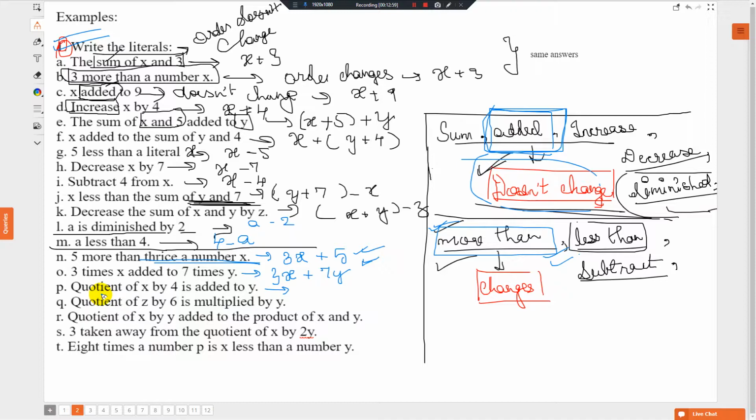Now, in here quotient of x by 4 is added to y. This question is very important. These are a little bit tricky problems.